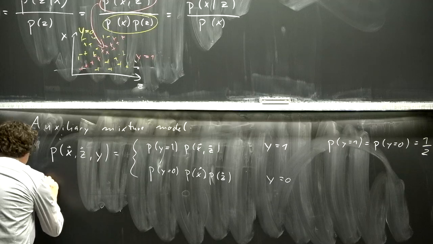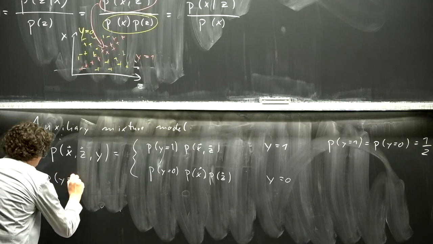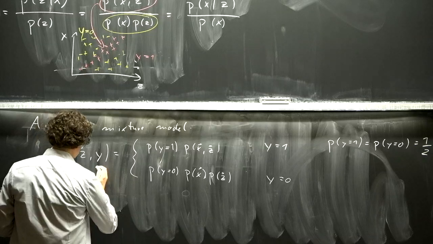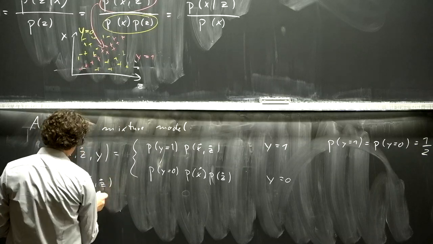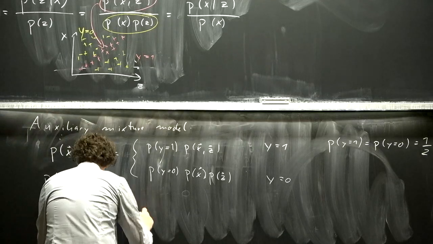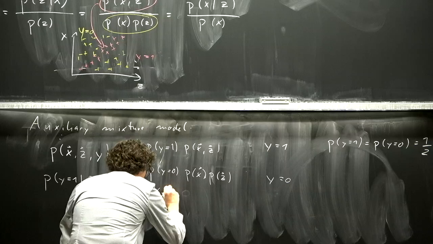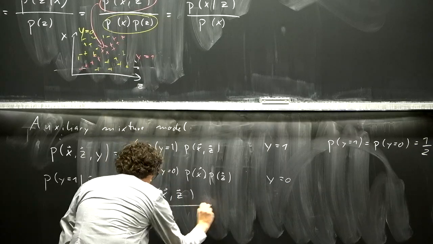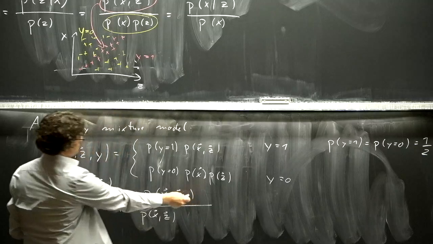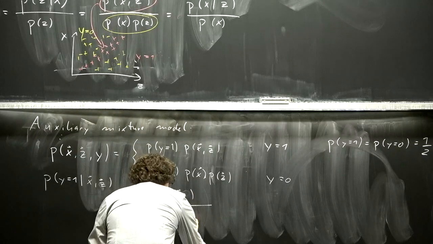And the nice thing is, when we look at least formally at the posterior for a data parameter pair to belong to class 1, then that posterior will be given by the joint distribution divided by joint plus marginal distribution.